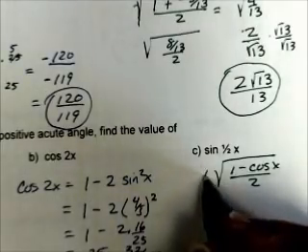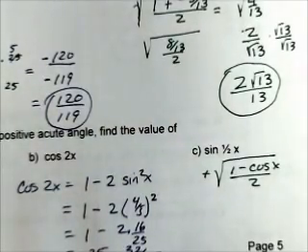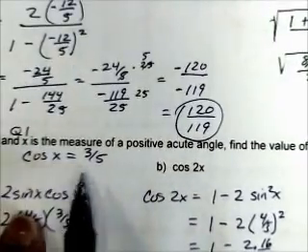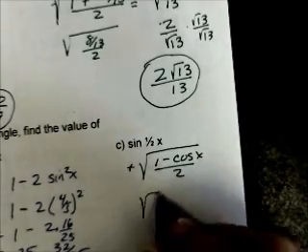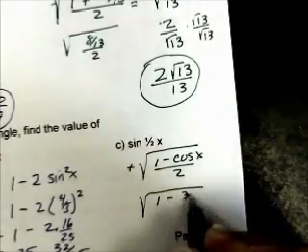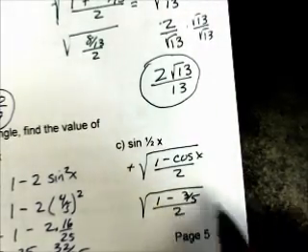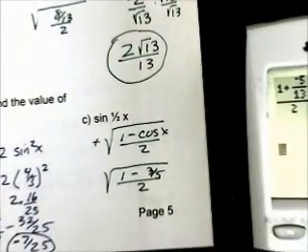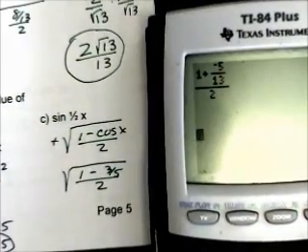So this is going to be positive square root of 1 minus cosine x divided by 2. Cosine of x we have here is 3/5. So this is 1 minus 3/5 divided by 2. All right, key that into the calculator.